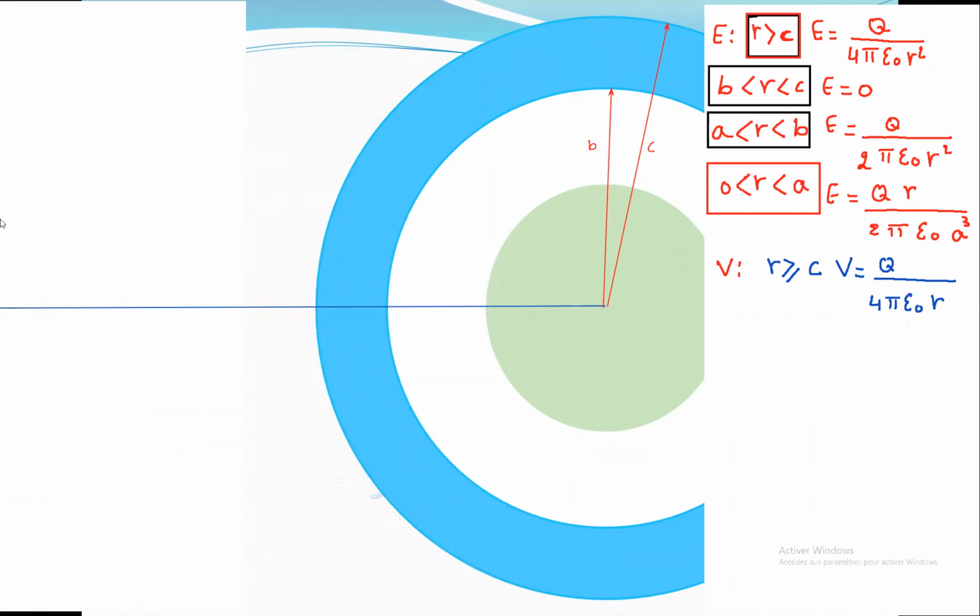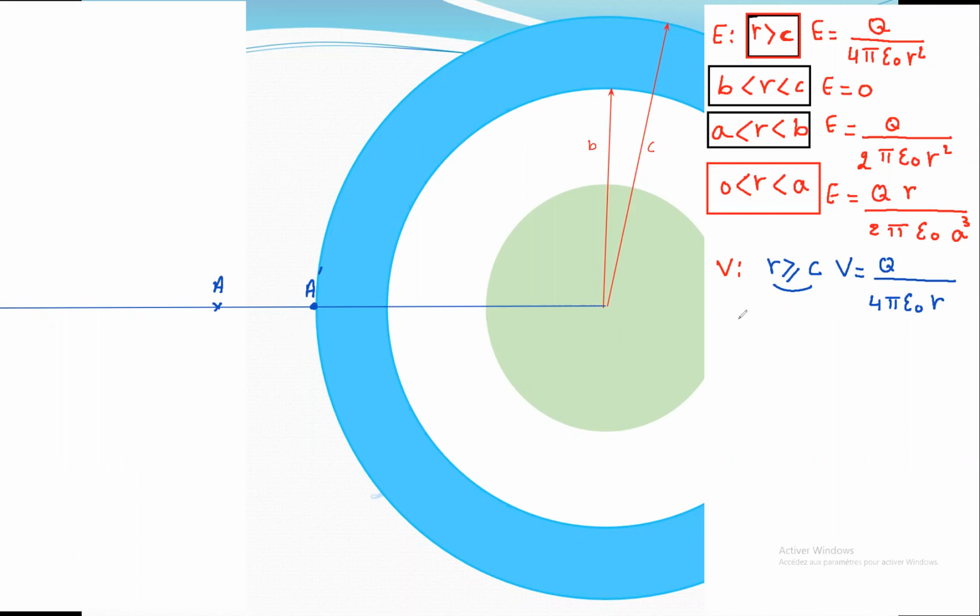Here we have the point A. You know, I take the limit between C, R is greater than C. So it means from this point, at the point C, the distance from here to here equals to C, and outside. Let's take this point as A prime. We can calculate VA prime by using this relation.